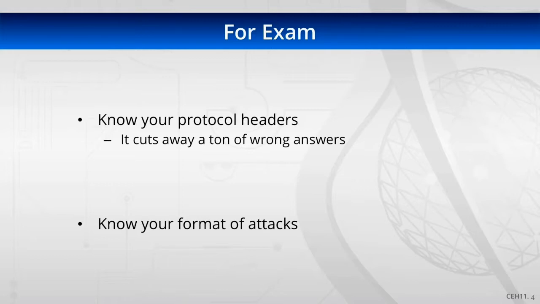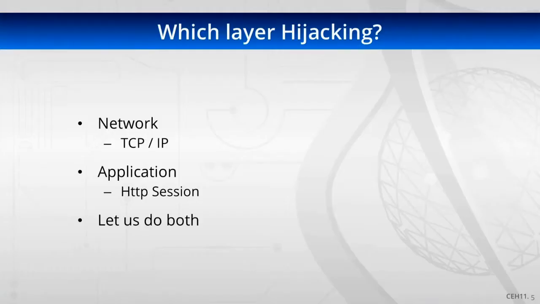What that does for you is that it stops a lot of the wrong answers, all the crappy answers where you go, well, that's not the truth because they flipped those two bits there. It cuts those things away. You're also going to have to know the format of your attacks. We're going to do both session hijacking layers, both TCP/IP and application HTTP session hijacking.